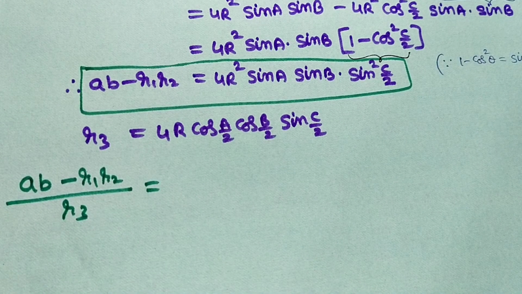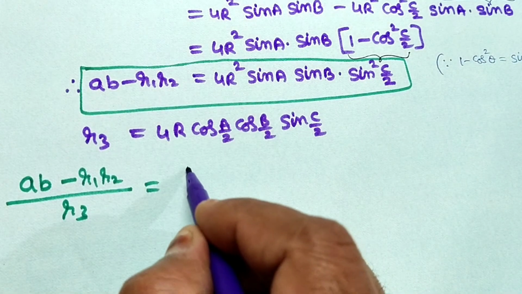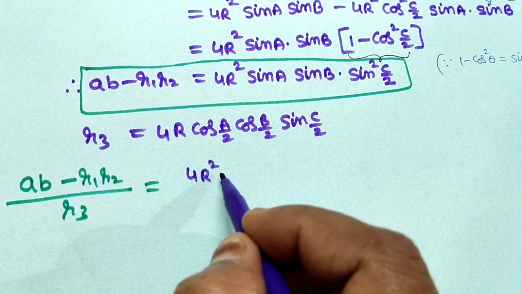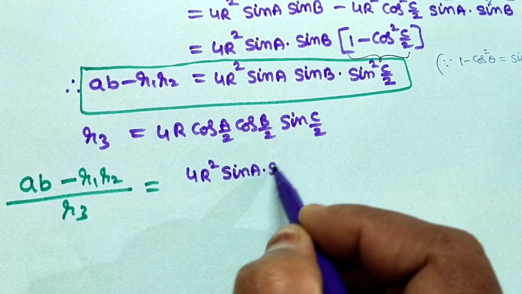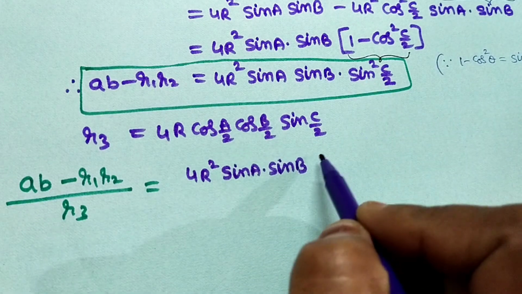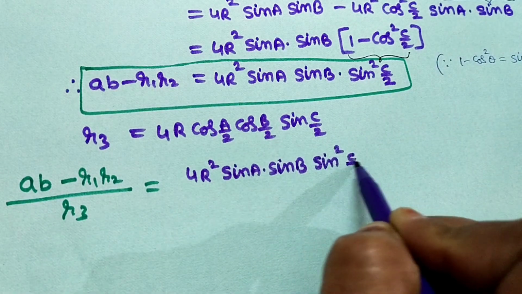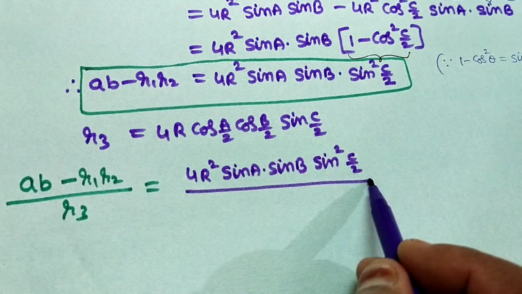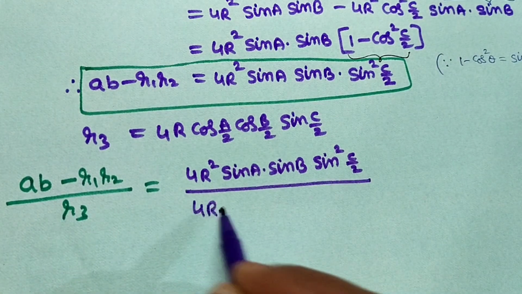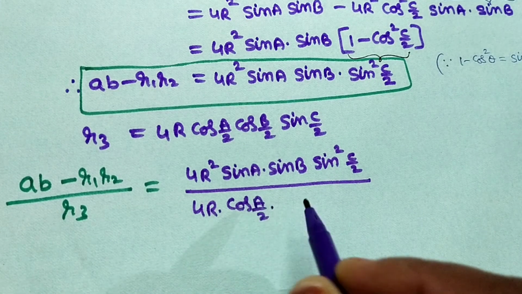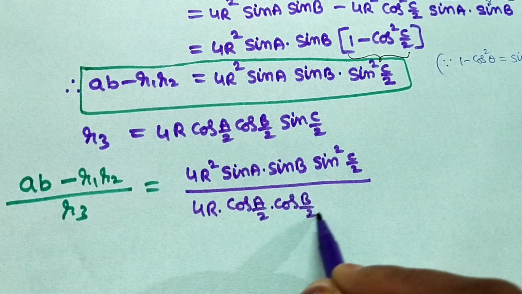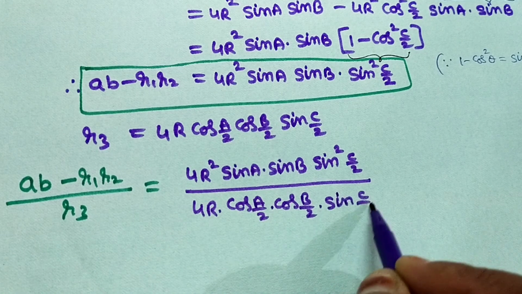AB minus R1 R2, what value we got there? AB minus R1 R2 is this value: 4R square sin A sin B sin square C by 2, divided by R3 value 4R into cos A by 2 cos B by 2 into sin C by 2.